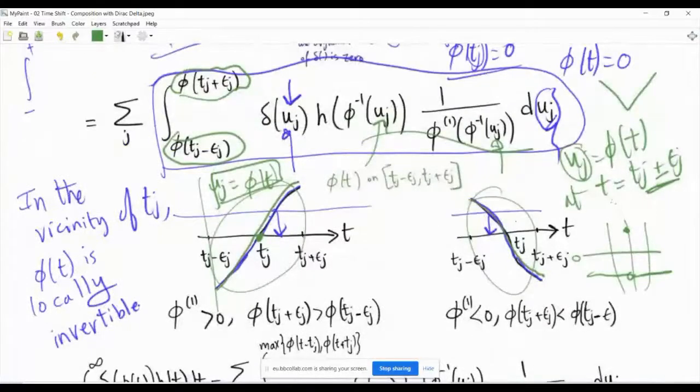Just as a technicality, because there is a possibility that our function is decreasing. Now, what happens if you do a substitution of variables in an integration and u is equal to phi of t and the function is decreasing? Now, the lower limit of integration will be positive and the upper limit will be negative.